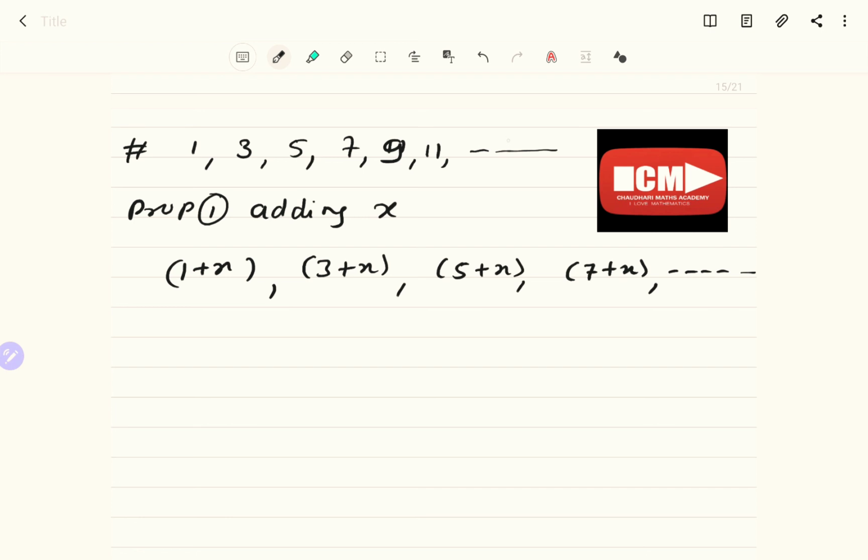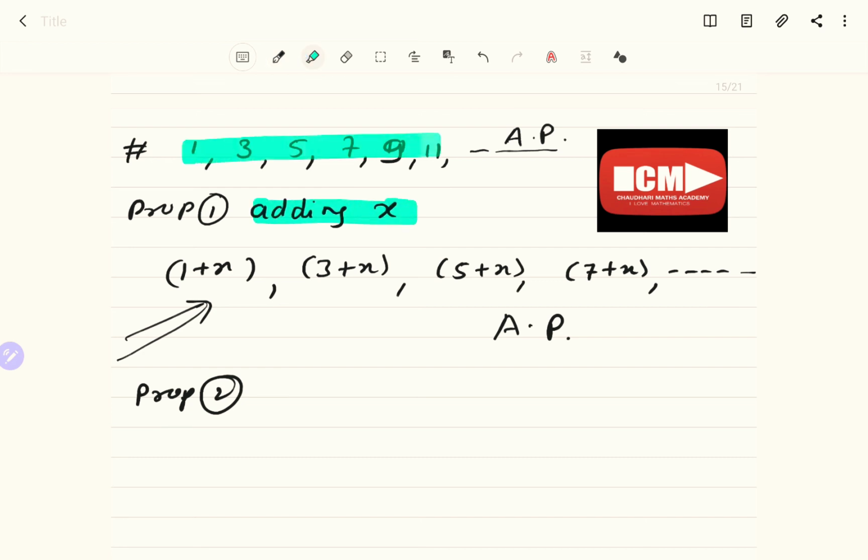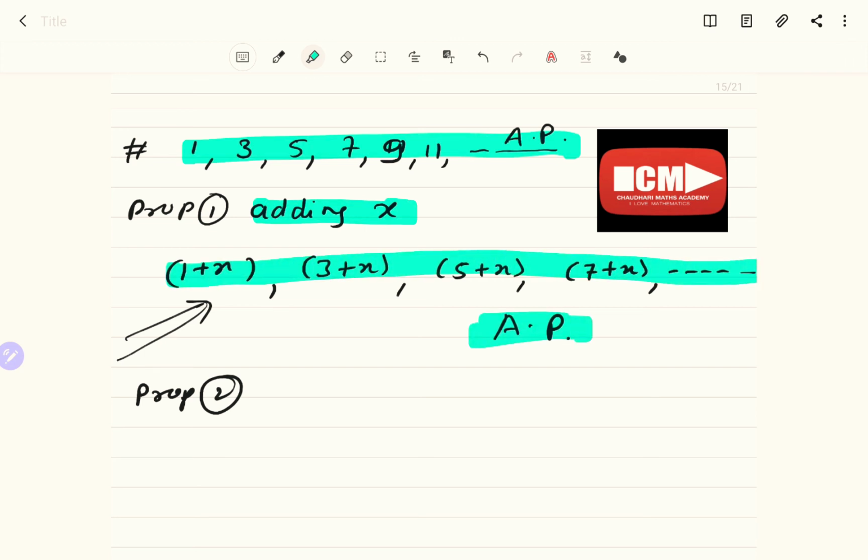Then that resulting sequence, since the previous sequence is in AP, is also in AP. There is no need to cross check. You can take the difference of successive terms and you will observe that the difference remains the same. So property number 1 is, if you add any number to each and every term of an arithmetic progression, then the resulting sequence is also in AP.